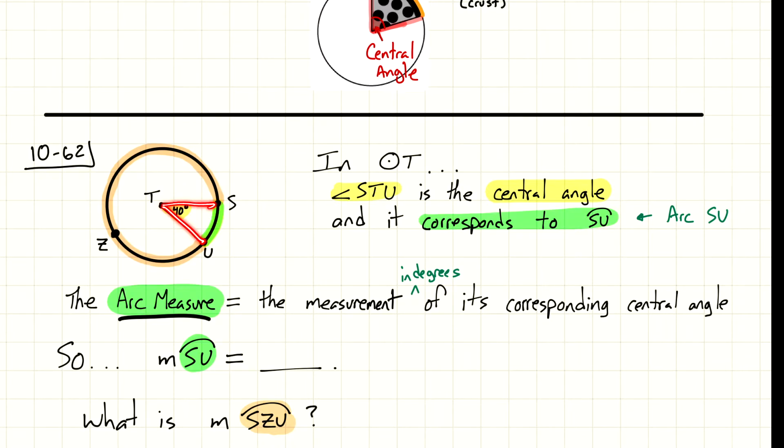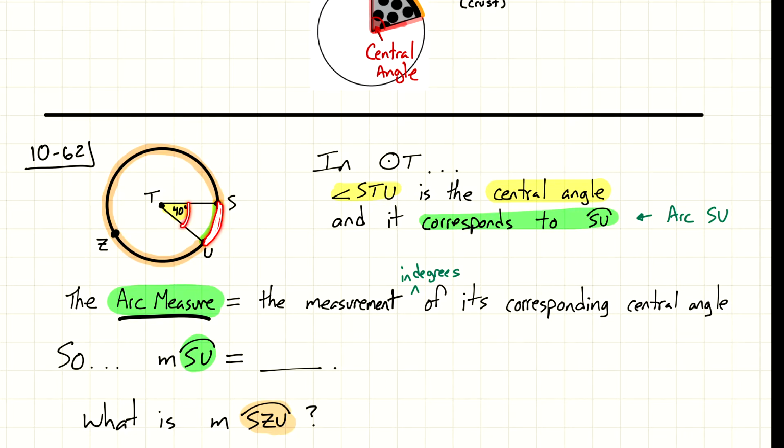So here we have STU. This angle corresponds to, belongs to, is connected to arc SU. You'll notice SU has this little arc on top of it. This means arc SU, which means if I'm looking at the picture, I'm talking about this arc.